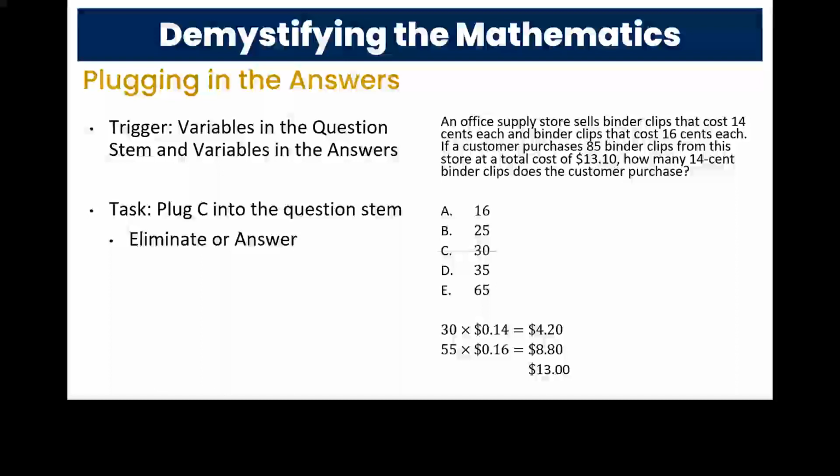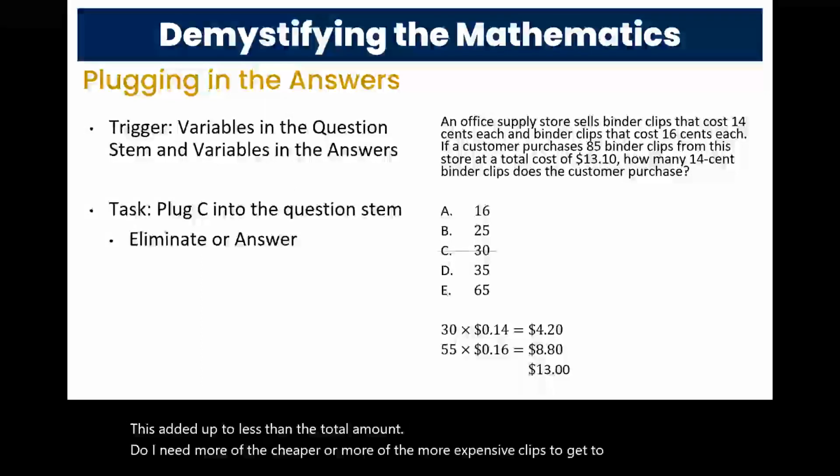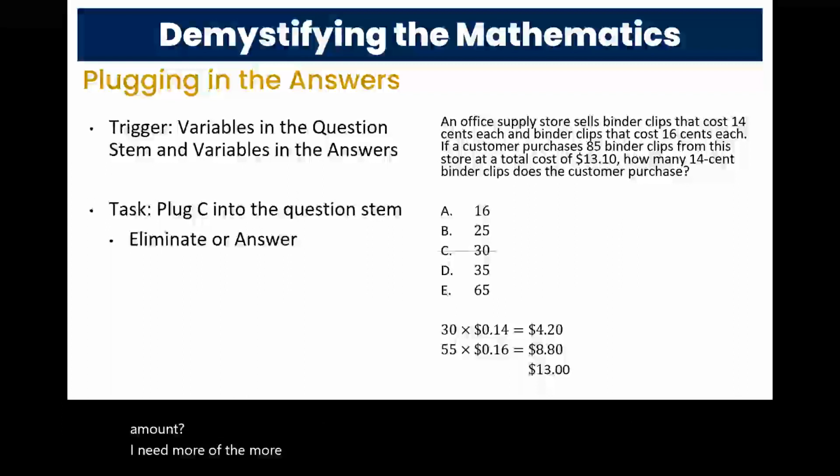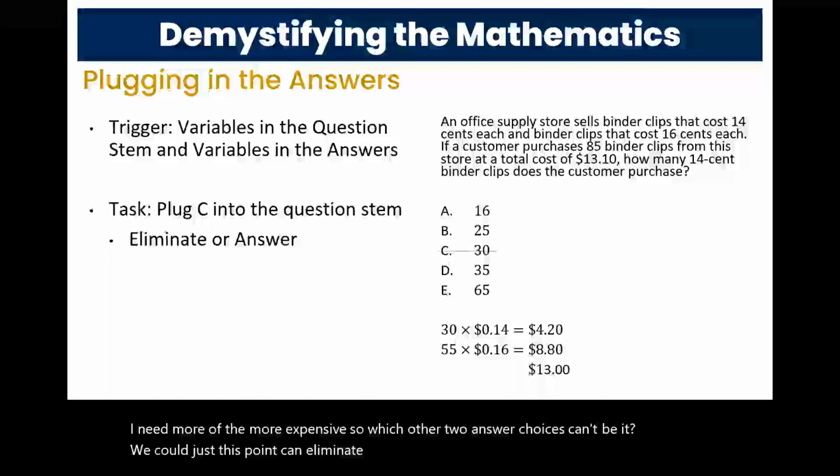This added up to less than the total amount. Do I need more of the cheaper or more of the more expensive clips to get to a higher amount? I need more of the more expensive. So which other two answer choices can't be it? We can, at this point, eliminate two additional answer choices.